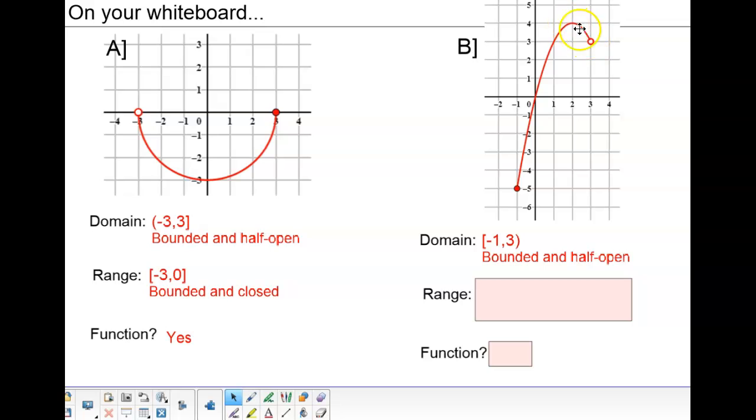Notice that's higher again than the end point. So we're going to have the interval -5 to 4. It's completely bounded and closed on both ends because this is inclusive with the 4 and the -5. And that's a piece of a parabola, and that does pass the vertical line test, and it is a function.